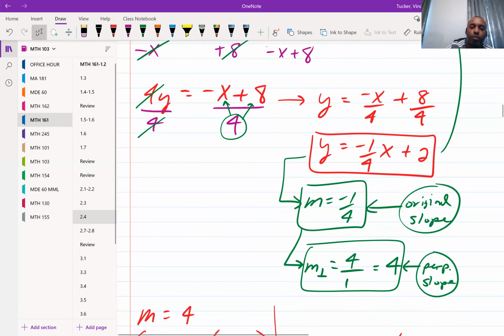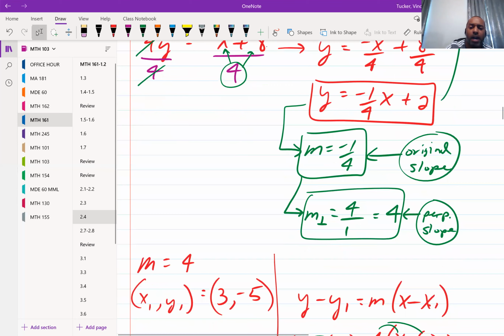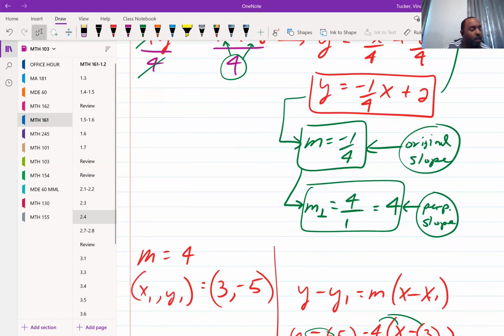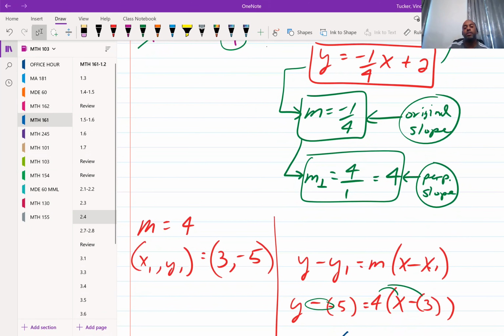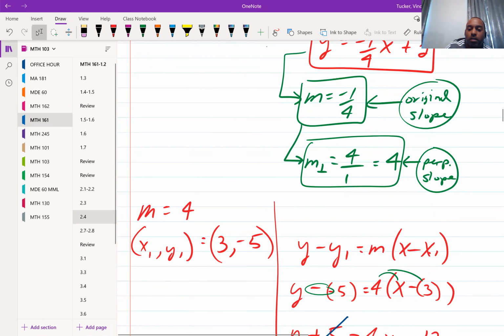All right, so let's finish the problem off. We now have our slope, which is 4, and our point was given to us, x1, y1, 3, -5. And we can plug into our formula.